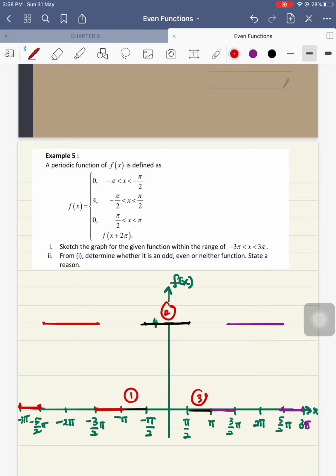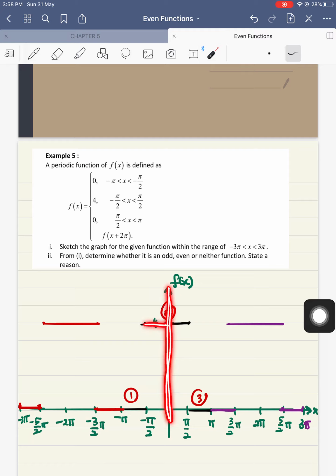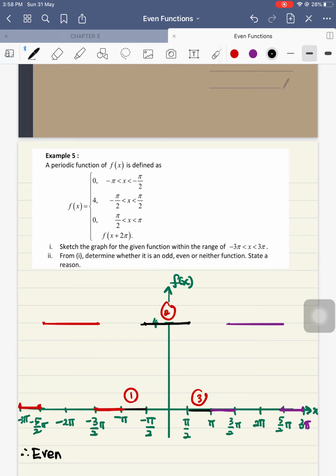So based on this function, based on the graph here, as you can see, the graph here is symmetrical about the f(x) axis. So this is your f(x) axis. When you have this here, then you have another one here. When you have this one here, then you will have another one here. Okay, so therefore this is an even function.